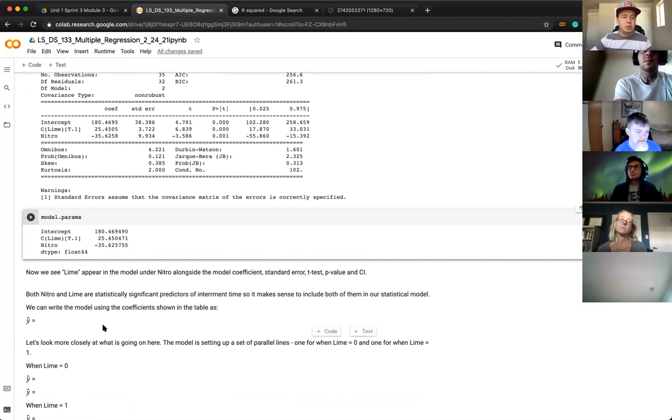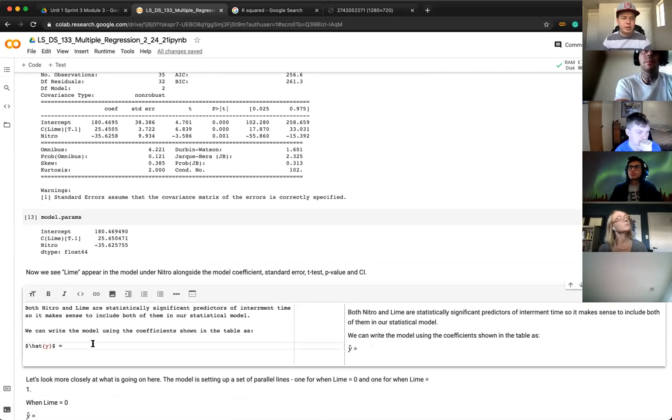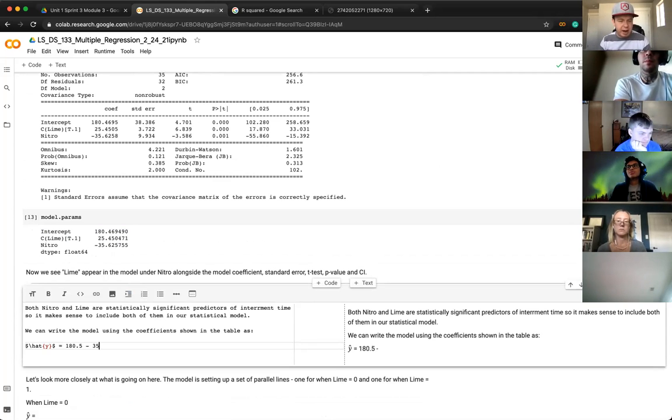Okay, so our intercept is 180.5, we'll call it. We'll round these to one decimal place, plus, or excuse me, minus, because we want to have nitro first. That's our beta 1. So minus 35.6 times nitro here.